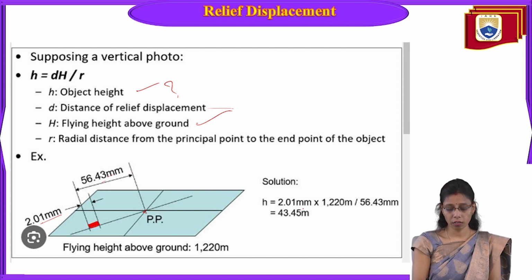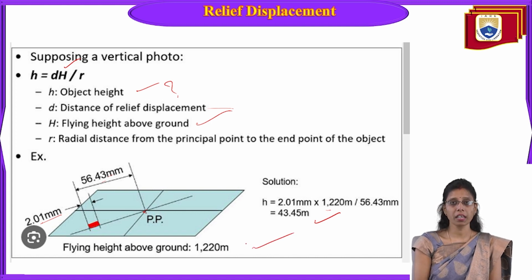Now 2.01 mm into the flying height, 1,220 meters, divided by 56.43 mm gives 43.45 meters.